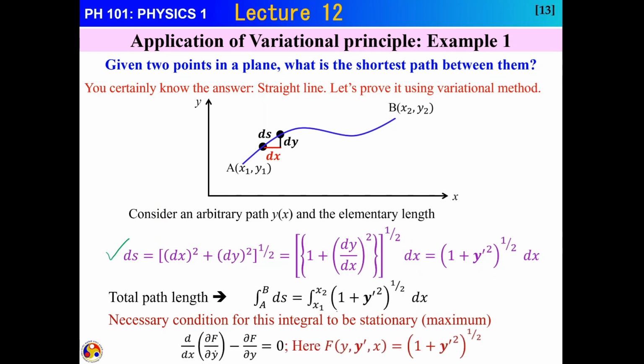So in this case the function f(y prime) is 1 plus y prime square to the power half, and it must be bound to this condition, and the equation that comes out gives the stationary, or shortest, path.